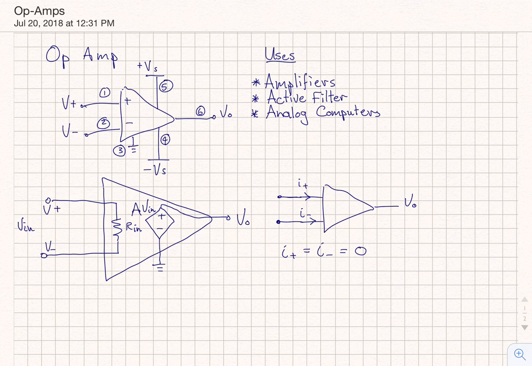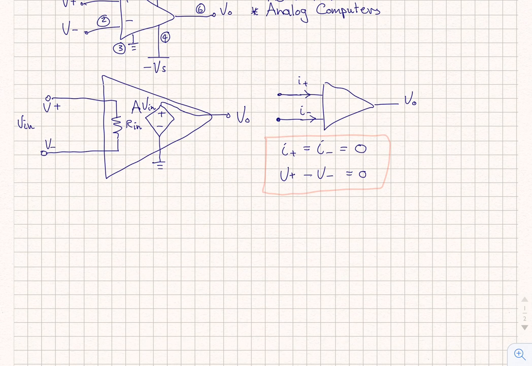So we want I plus and I minus to be equal to 0. Also, the difference between V plus and V minus should also be equal to 0. So it's very important for you to keep these two things in mind if you want to understand op-amps and what their ideal behavior is.